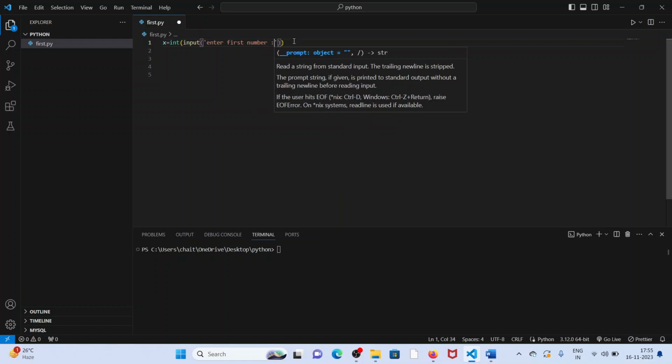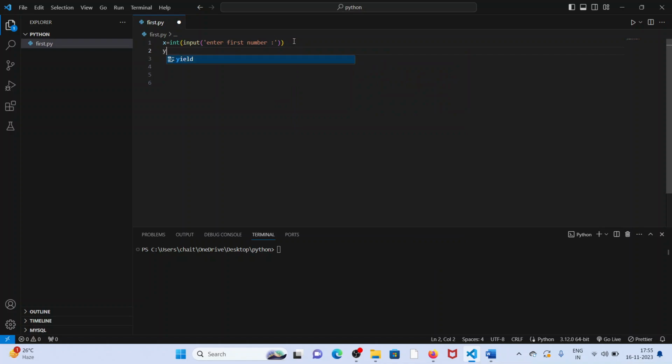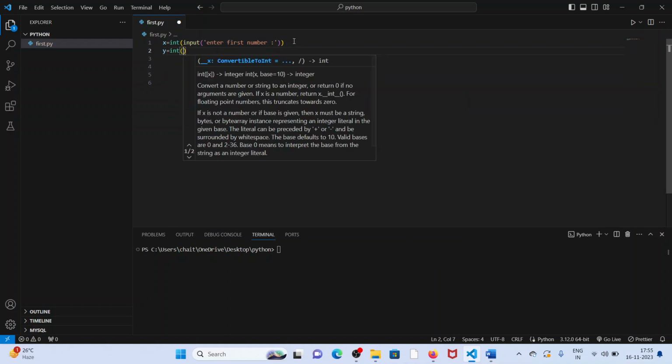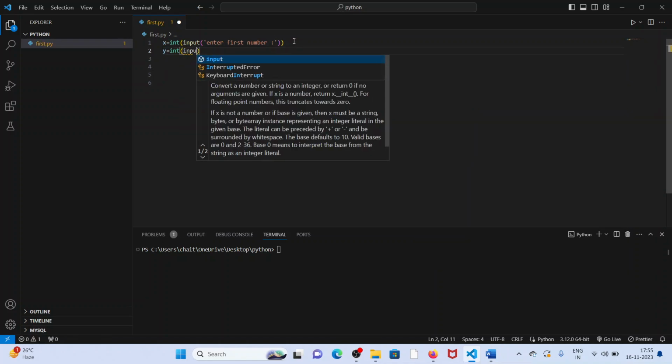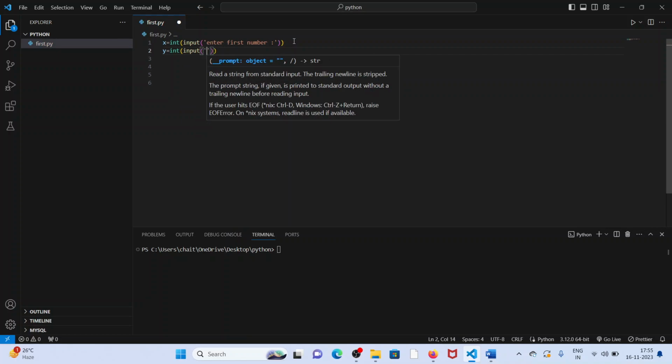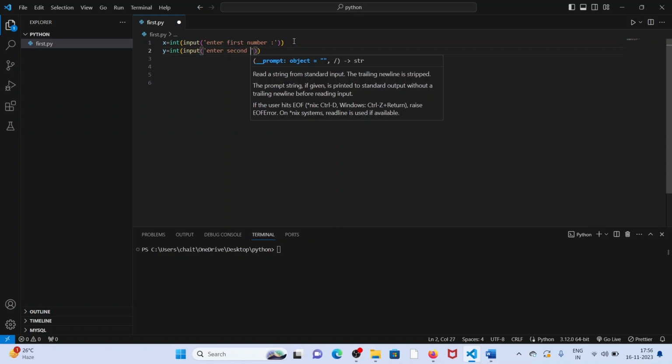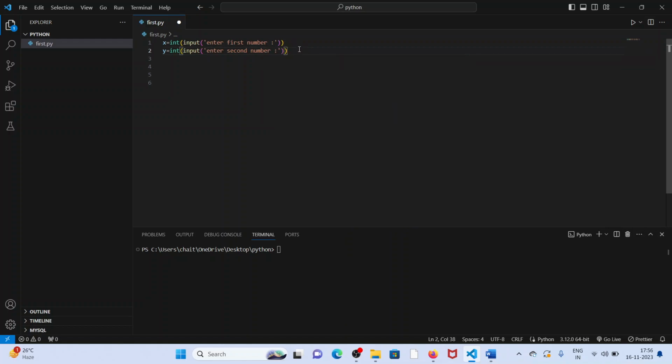Next, y is equal to int(input("Enter second number")).